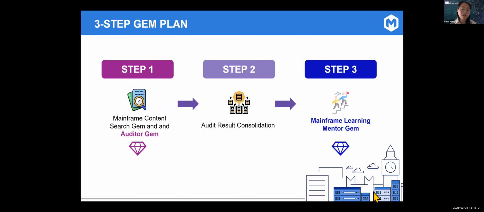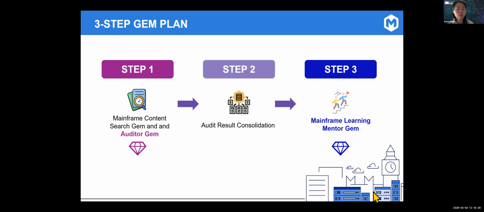After that search, we pass the search result to the auditor gem that we built. We set up a set of criteria. We tell the auditor that we want the most fresh content to surface first. We want the most relevant versioning, additions, what have you, to be prioritized over the older stuff.